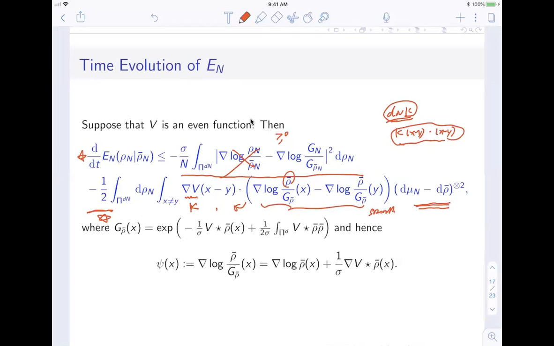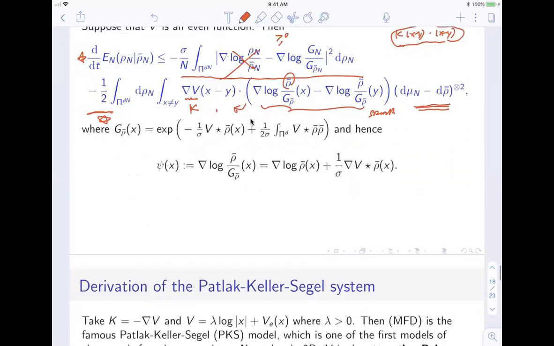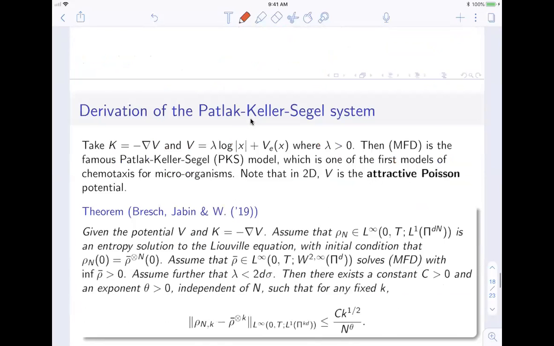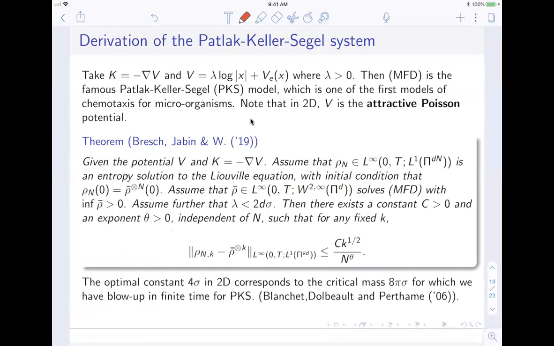For a very specific case, since time is almost up, let me just give you one example. I will show the general result very soon. If we just choose V as the Poisson kernel, this K also behaves like 1 over x.